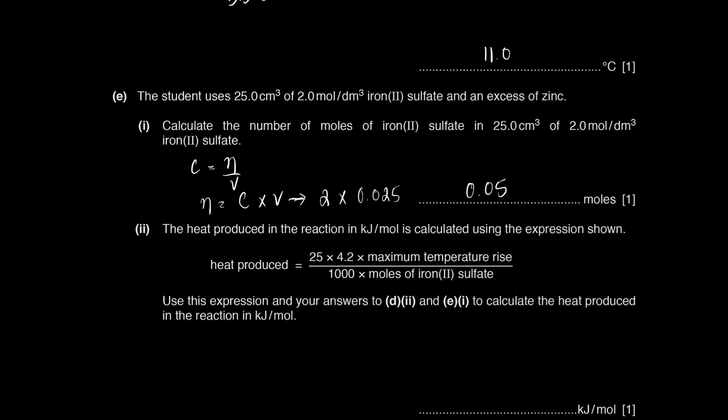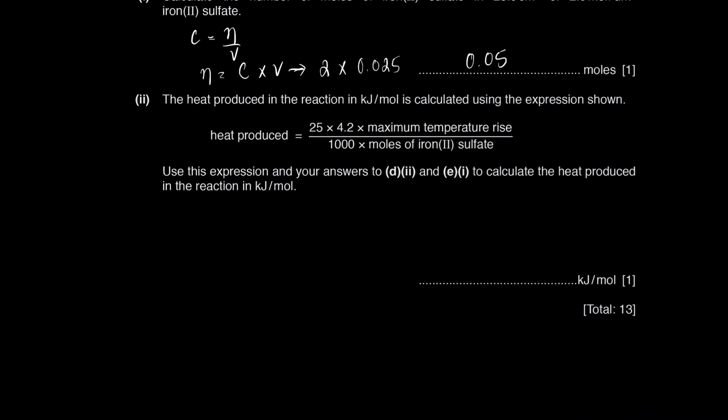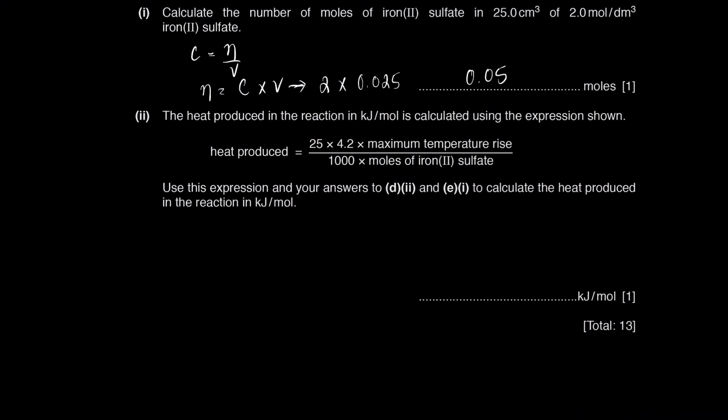Heat produced is given by this formula. We actually studied this equation in A-levels. It's a nice equation. I think you've seen this equation in O-levels as well. Let me know if you guys have seen it in physics.